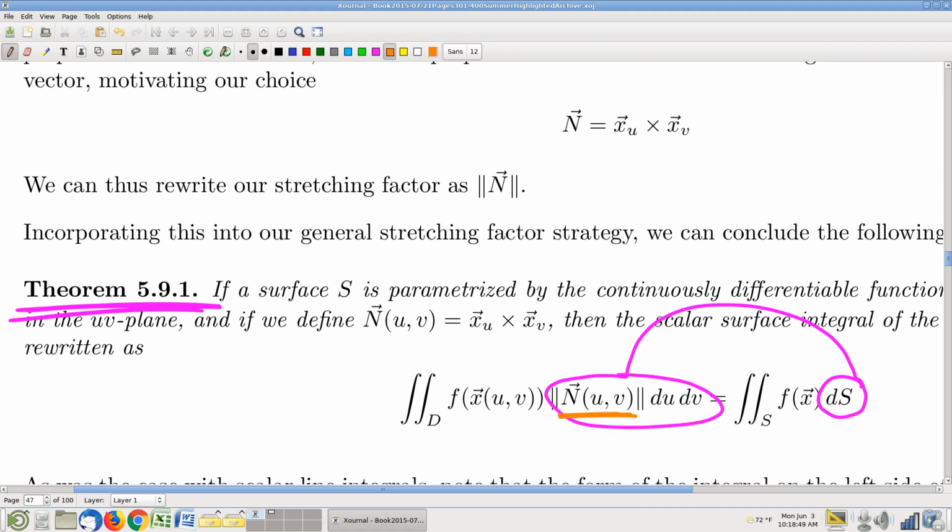Here's our stretching factor. Everything else is just a matter of plugging in. F is a function of x. X is now a function of our parameters, u and v. Said differently, plug in the parameterization, and we just pulled back our integral. Everybody okay? Everybody happy? Okay. Alrighty.